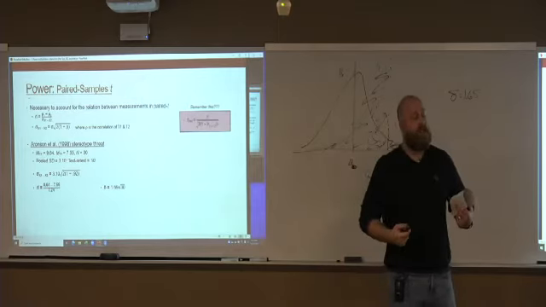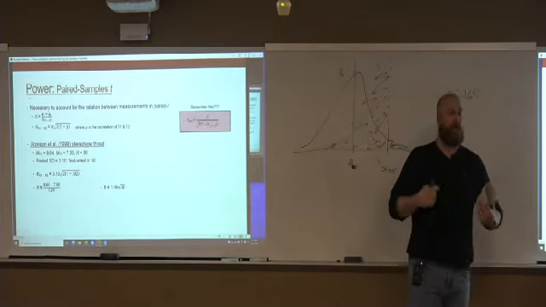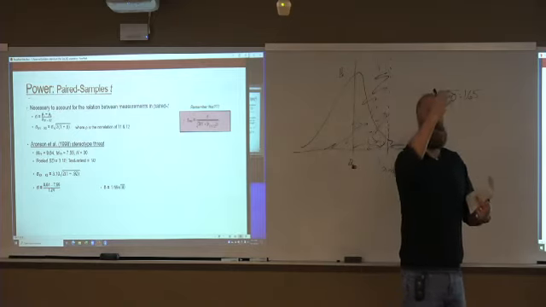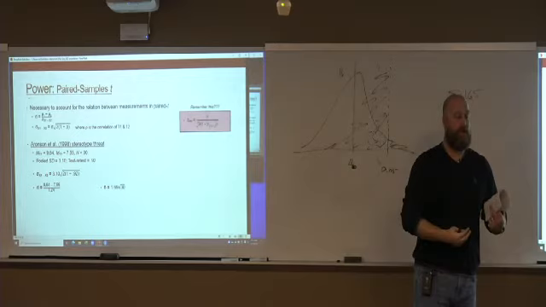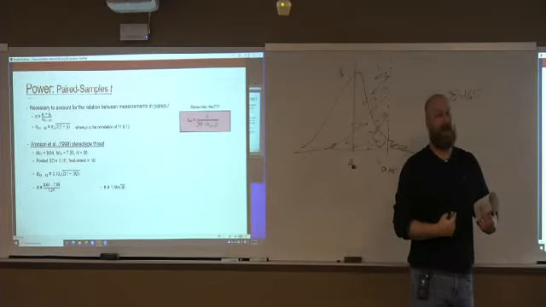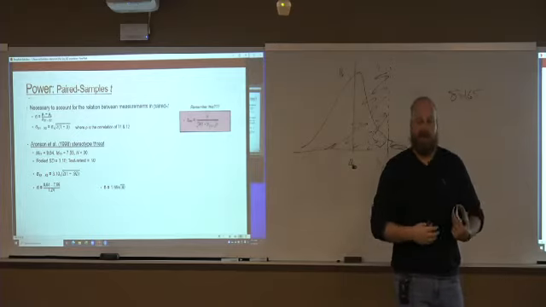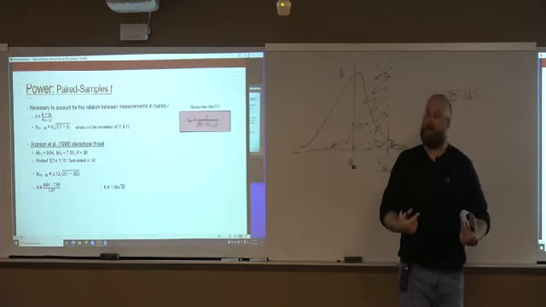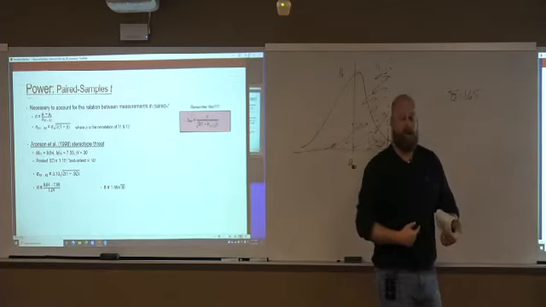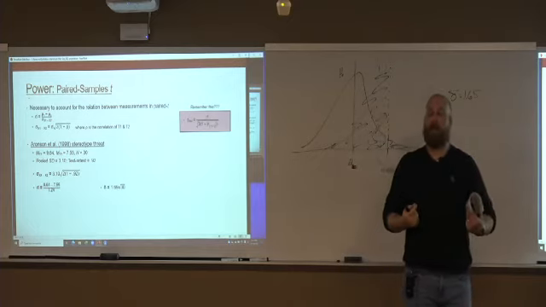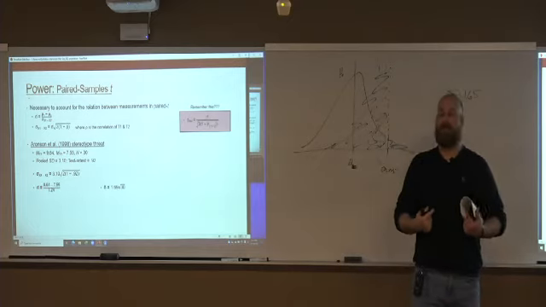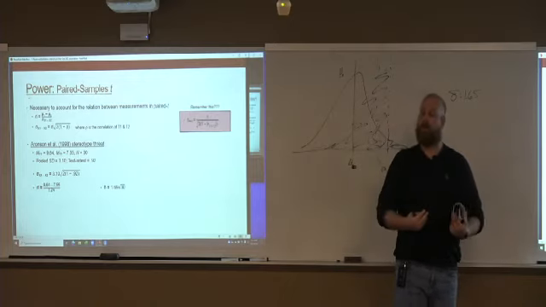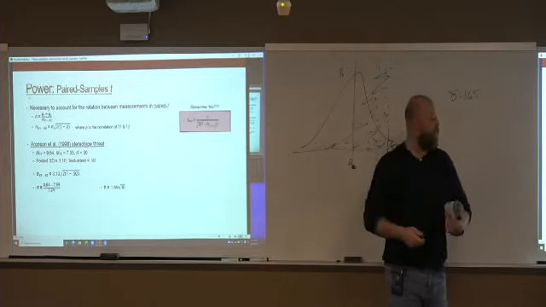We measure people once under a threat condition and then have them come back, say a week later, and complete an alternate, equivalent form of the test under a no threat condition, right? So we changed the design. Instead of an independent sample test, now we have a paired sample test, so everybody gets to serve as their own control.